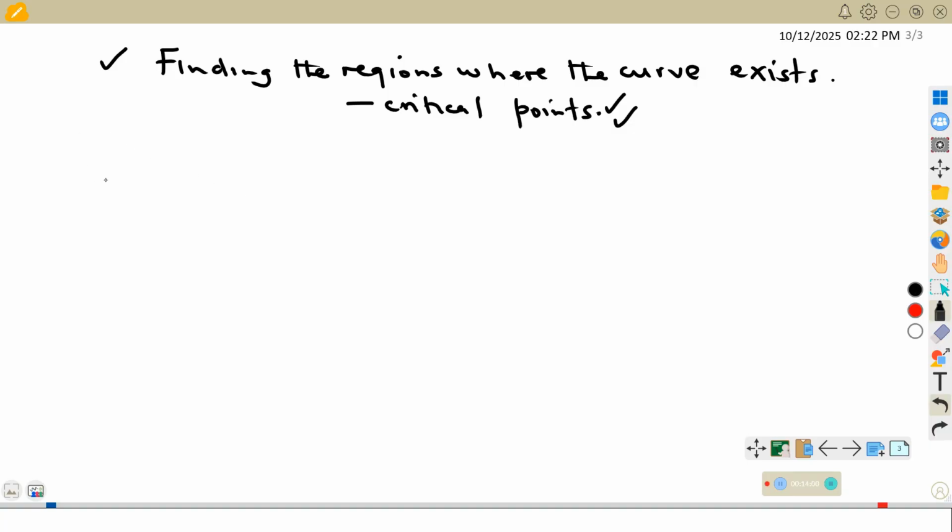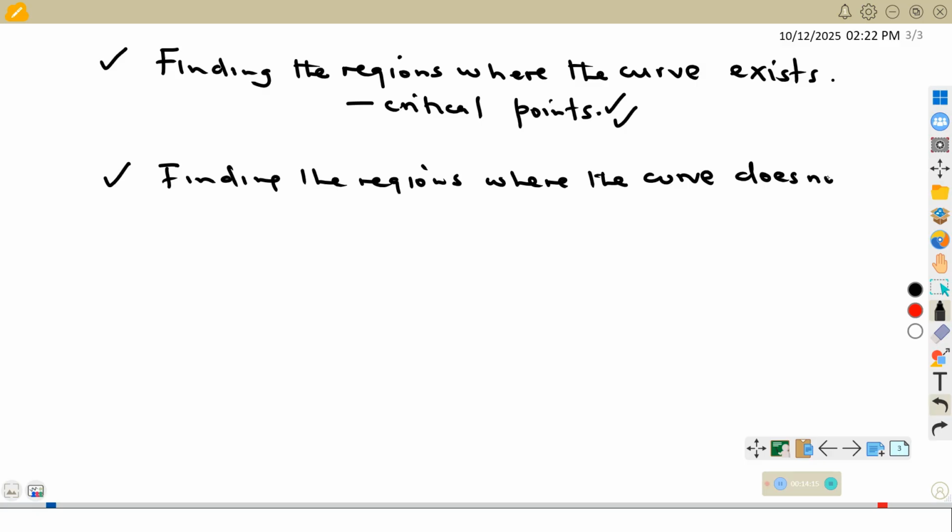And lastly, we shall be finding the regions where the curve does not exist. So how do we obtain such regions where the curve does not exist? That one will be obtained by forming a quadratic equation in terms of x.